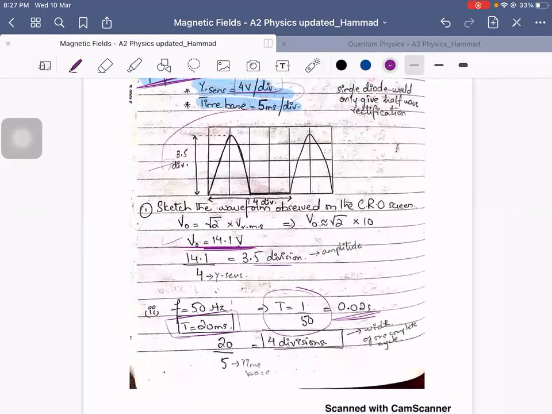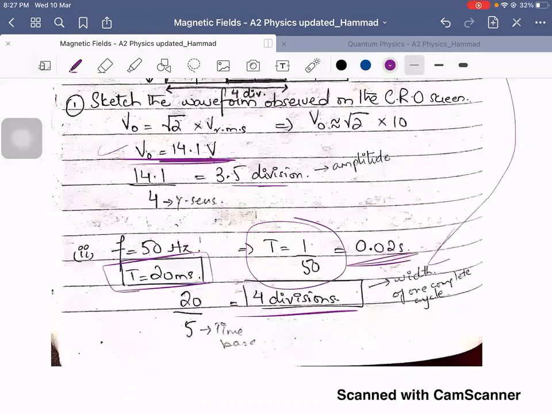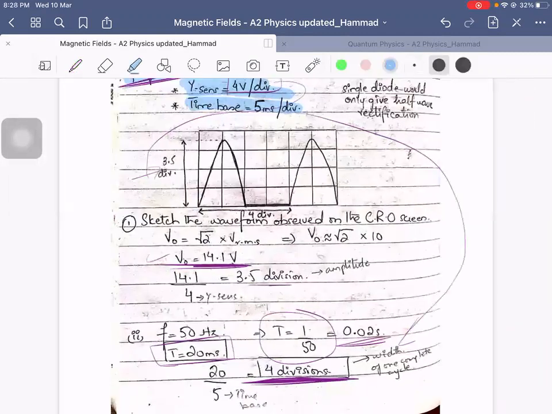Your time base is 5 milliseconds per division. I am simply dividing this to understand that you need 4 divisions to form a wave. 1 division, 2 division, 3 division, 4 division. Now this is one complete wave.